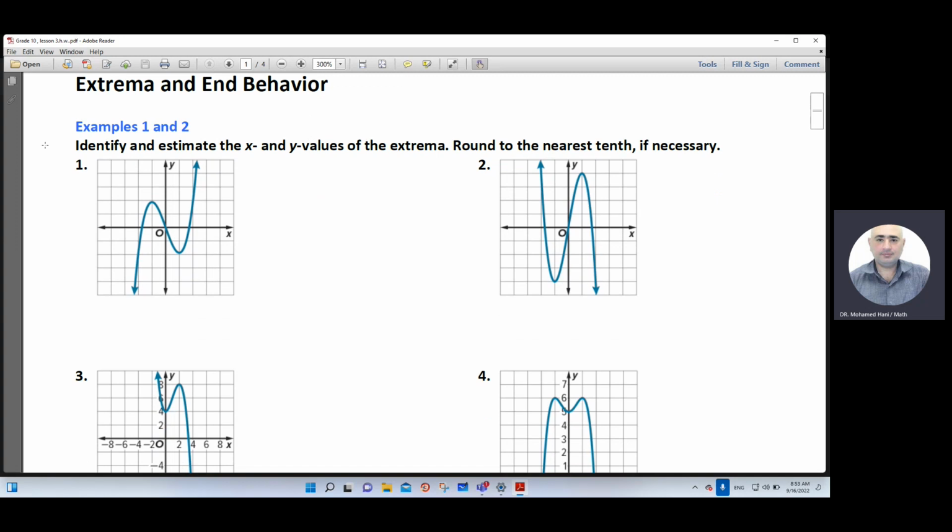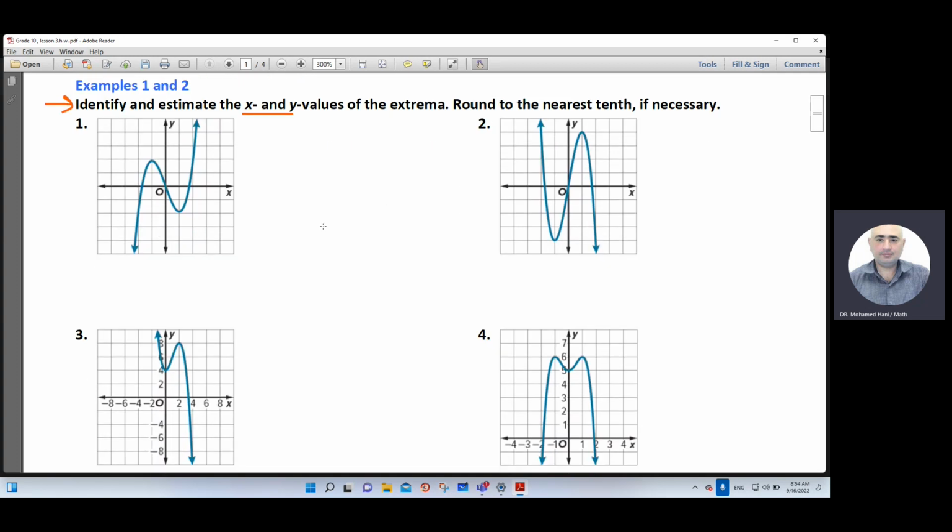The first question: identify and estimate the x and y values of the extrema, rounding to the nearest tenth if necessary. As you see in exercise number 1, we have the maximum point.